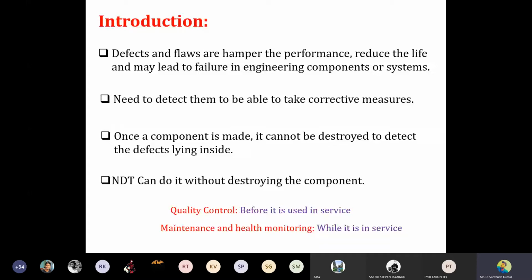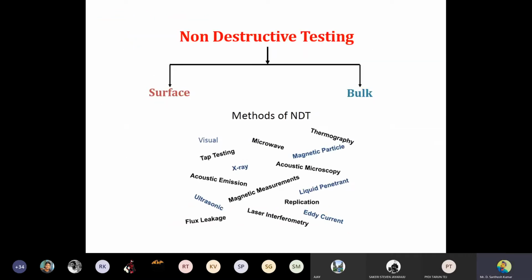And there again NDT methods come into the picture, wherein during the service condition you are able to check and detect any flaws or any damage developed in the system, which may affect its performance or life. Then we will talk about different kinds of NDT methods.